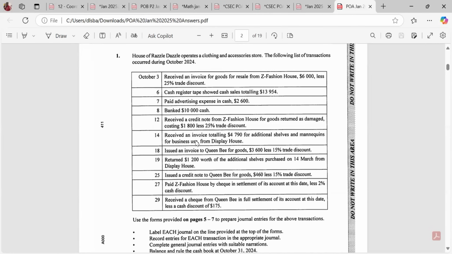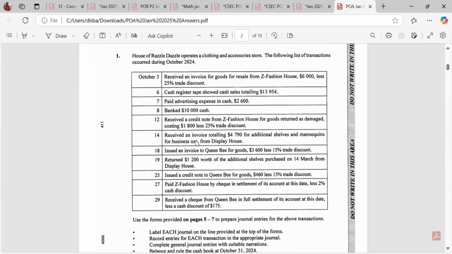Received an invoice totaling $4,790 for additional shelves and mannequins for business use from Display House. This is a fixed asset because this is for business use and it's shelves and mannequins, right? They're going to be using them over and over for a long period of time, right?